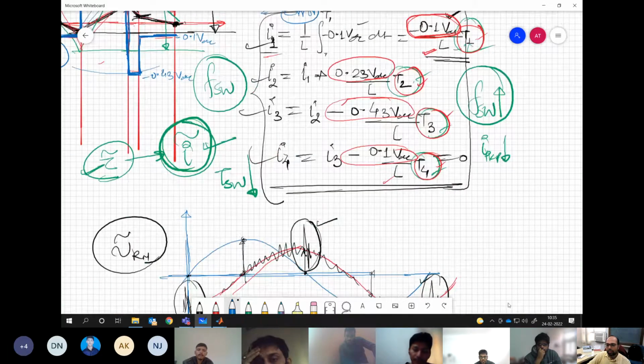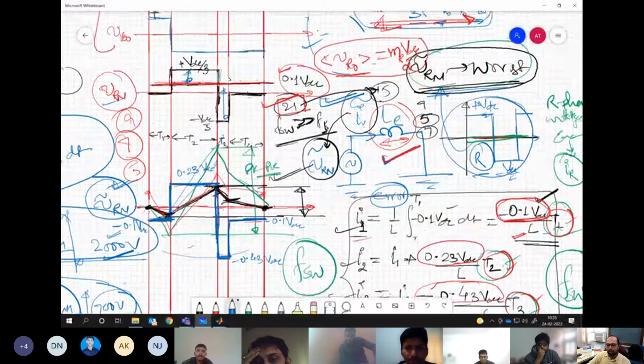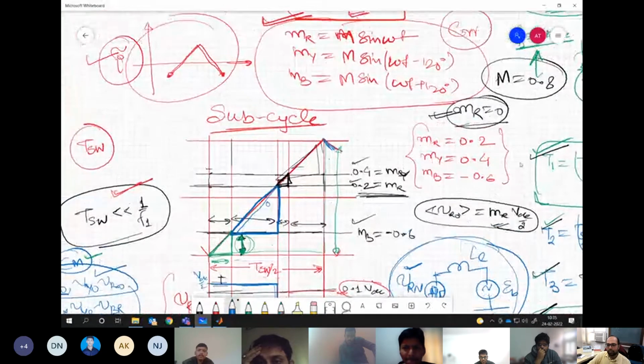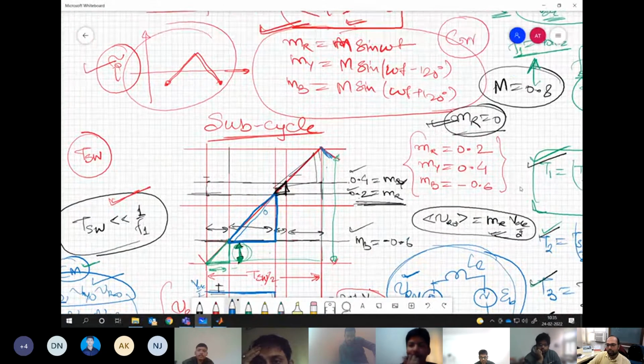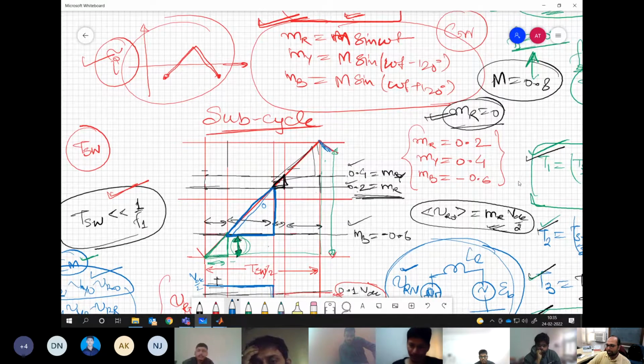Sir, as in the last case, we are considering small m_r, m_y values, and there we consider capital M1. So if we see, sir, at small m_r value equal to 1, then we get the positive pulse for the whole cycle.